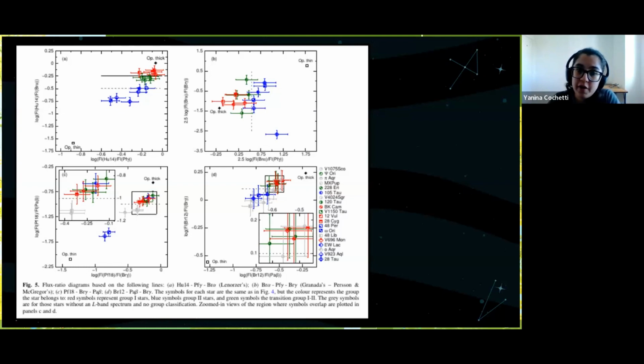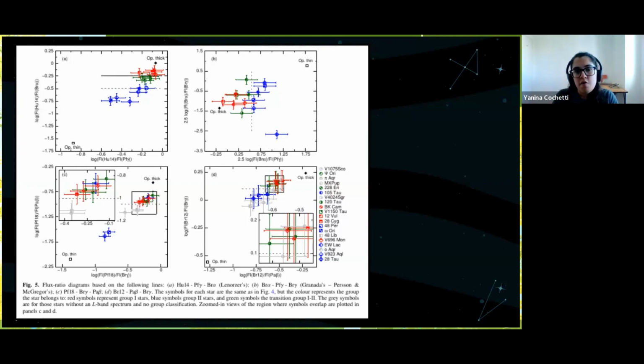Moreover, with FIRE at Las Campanas, we can observe up to the K band. We cannot observe in the L band. So we had a subsample for which we didn't have L-band observations, so we cannot use this Manningham criteria or put them in these diagrams.